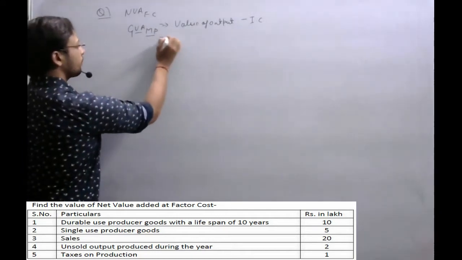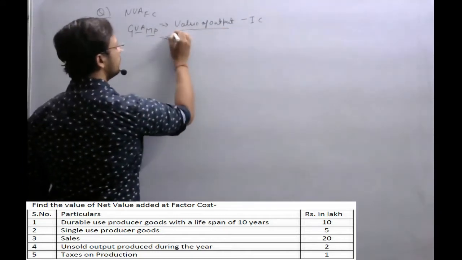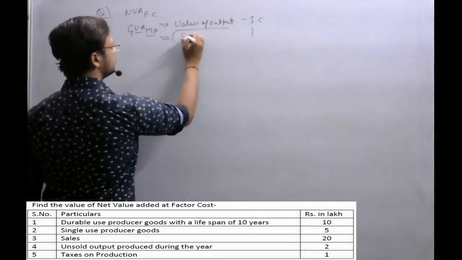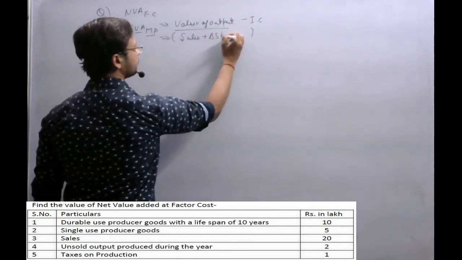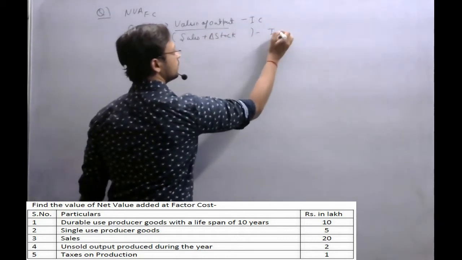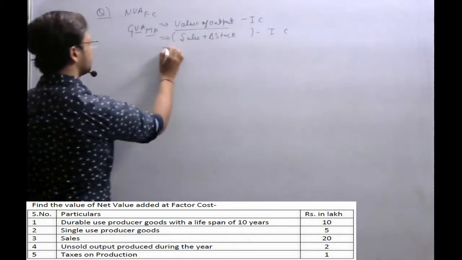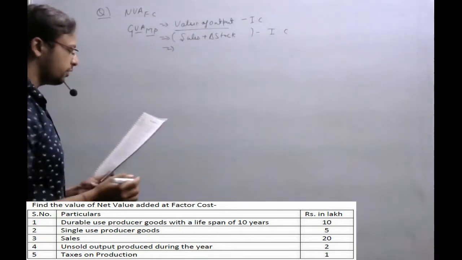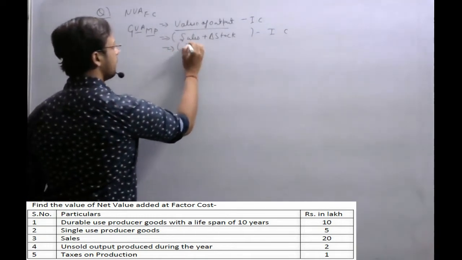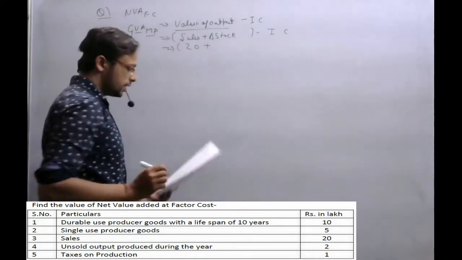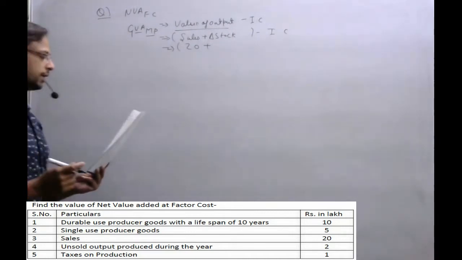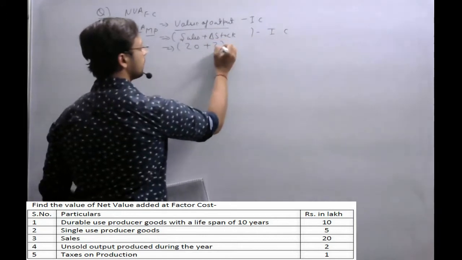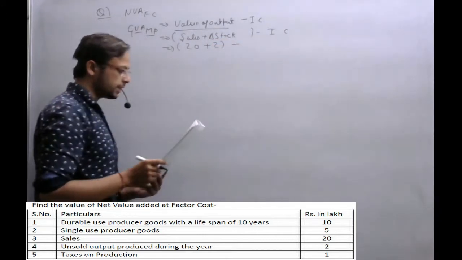Value of output is sales plus change in stock. So the value of sales is clearly given in the question, it is 20, plus change in stock, the unsold output produced during the year, that is 2, minus intermediate consumption.